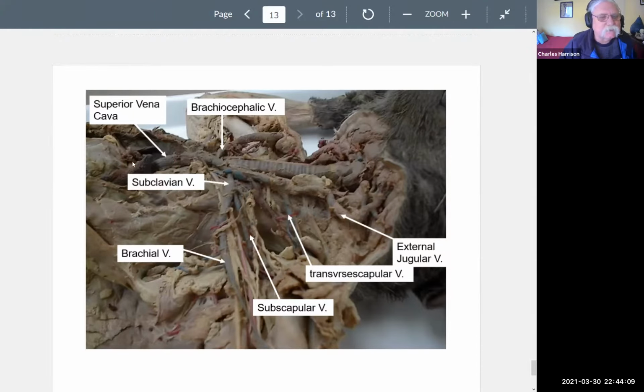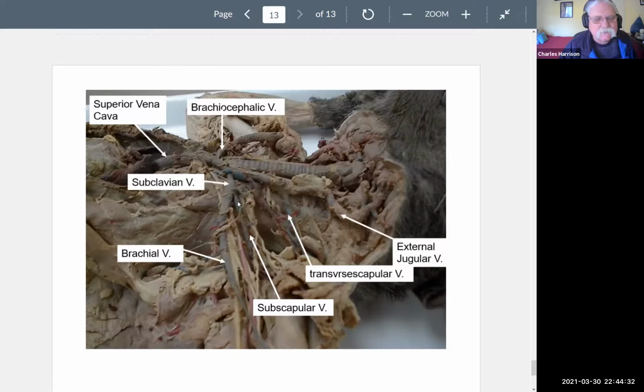Heart is here, superior vena cava, a brachiocephalic vein coming there and here. Here's the subclavian vein. Here's the subscapular right here. Now see where it goes right here?